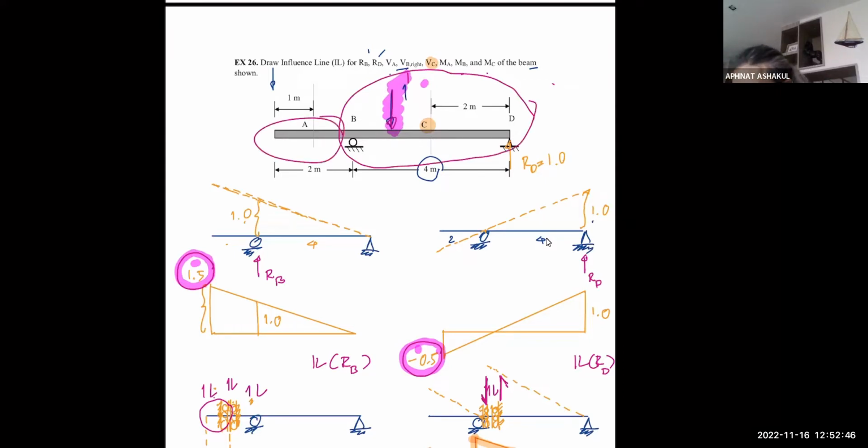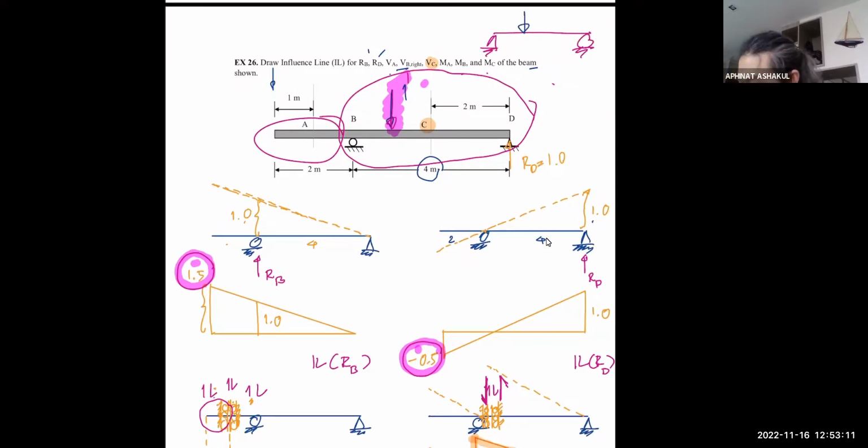So it has just been rendered irrelevant to the structure because there's no load. So there's no moment. So as soon as your unit load moves past point B into the span BD, you are essentially having a simple beam. I can easily write it like this.